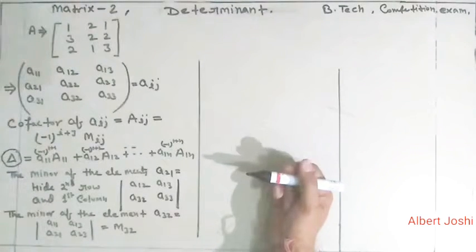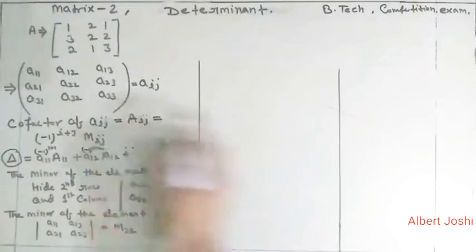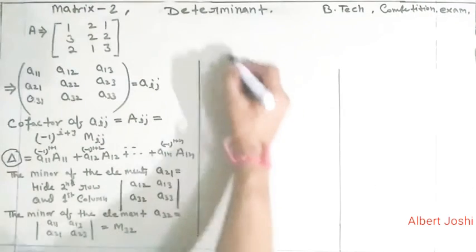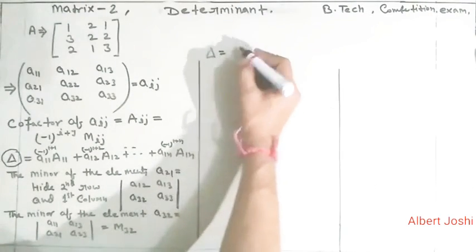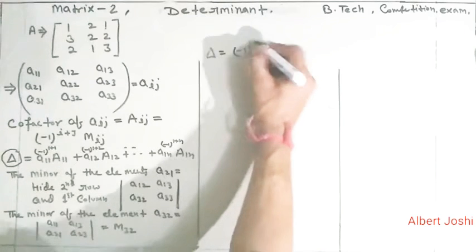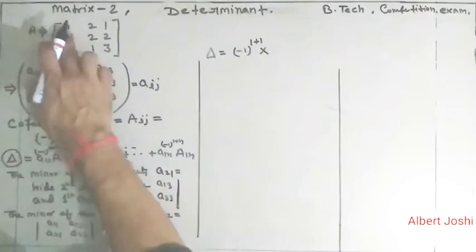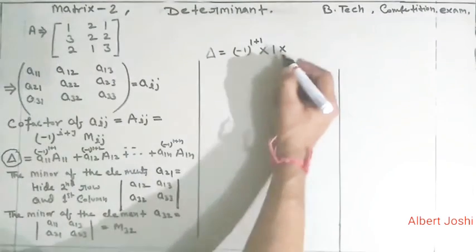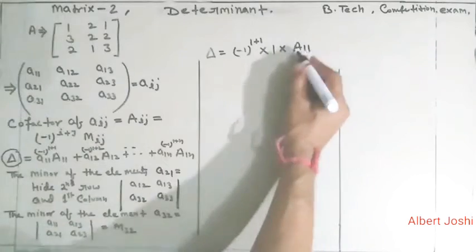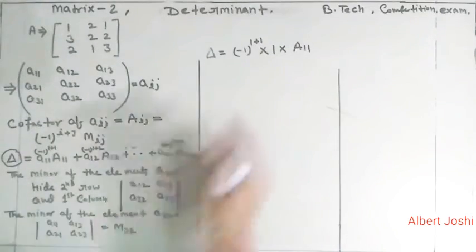So how to find the determinant? Determinant is equal to minus 1 to the power 1 plus 1 into the first element into A11. What is A11? I have explained, the minor.